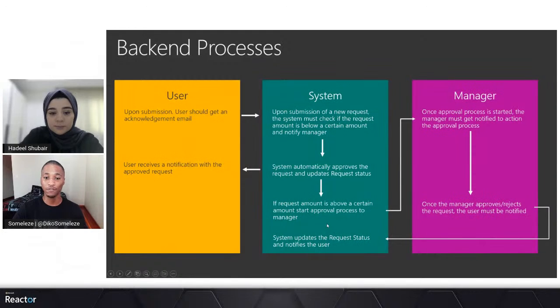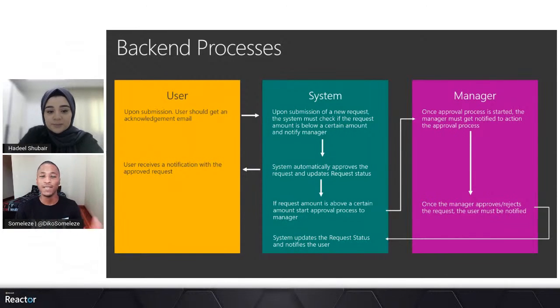So you can see, even with this process, if the request is above a certain amount, the system sends the approval request to the manager. And once the manager has approved that specific request, it will then send it back to the system to update the request status saying that it's approved or rejected, and then it will notify the user so that I can know whether I'm getting that new device or not.